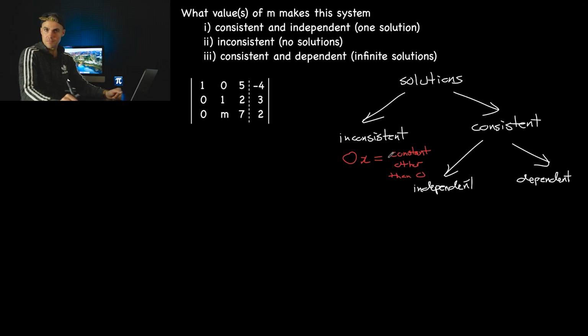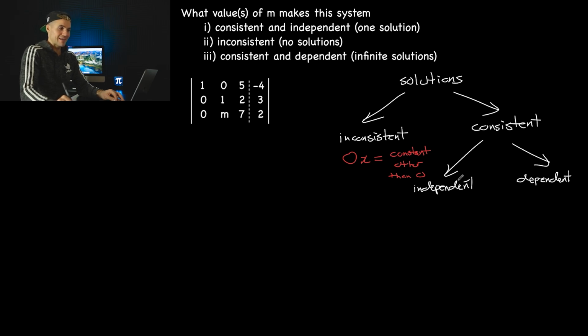Right? And that can't make any sense, right? 0 times anything can't give you some kind of constant. And so if you end up getting something like that, then you know that the system is going to be inconsistent, or there's going to be no solutions.